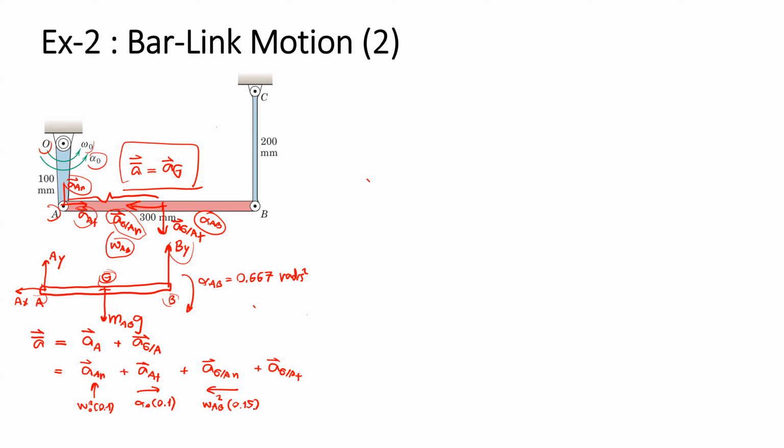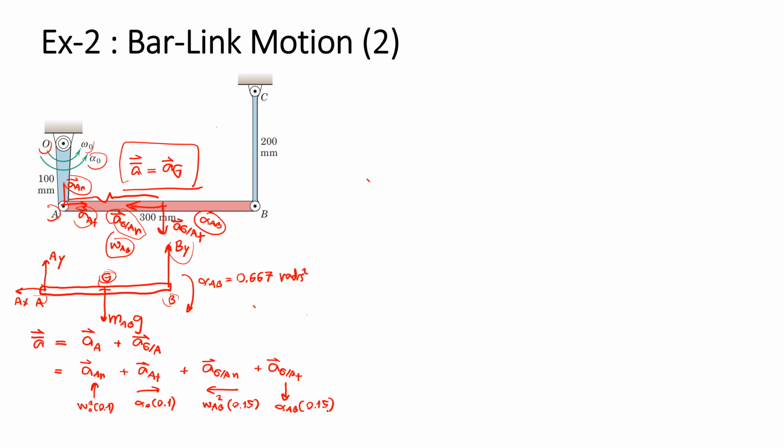For the tangential, we know the direction of alpha, so tangential is downward, with magnitude alpha AB times 0.15. So yeah, we know all the numerical values.